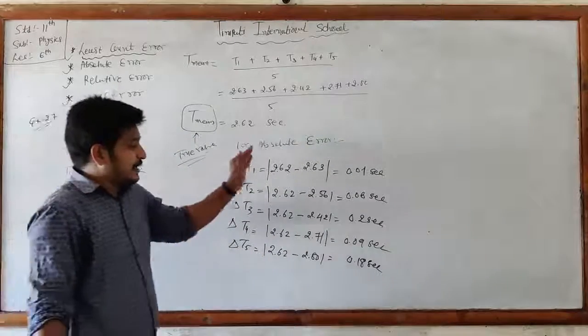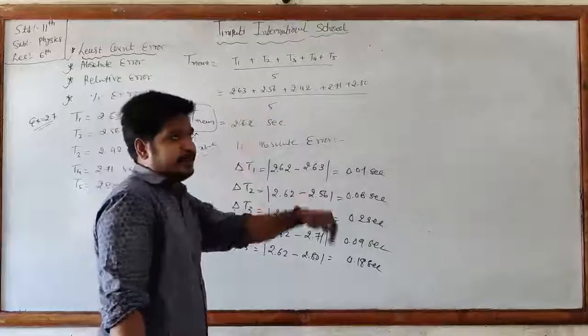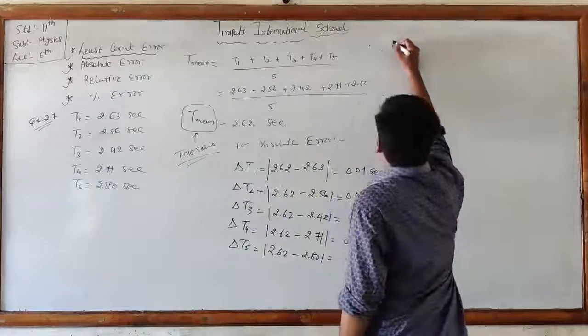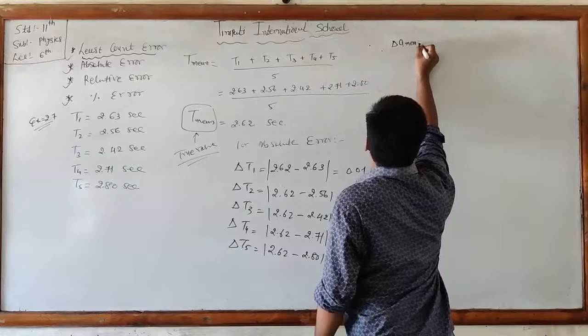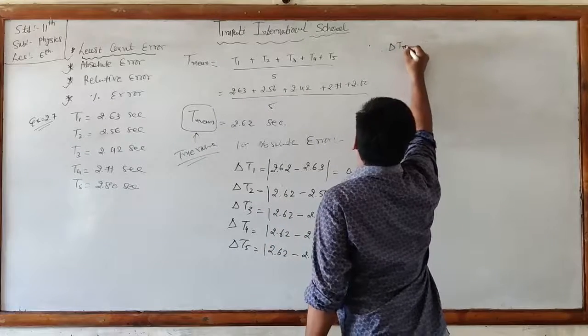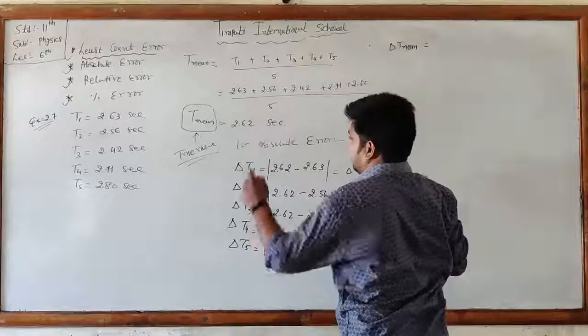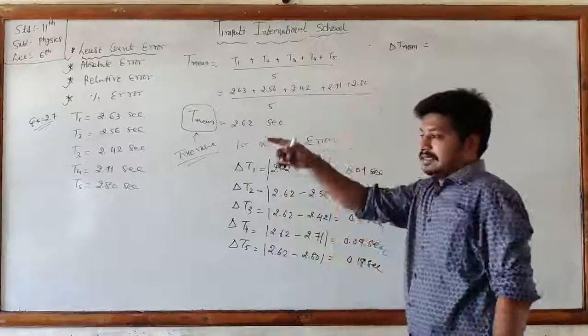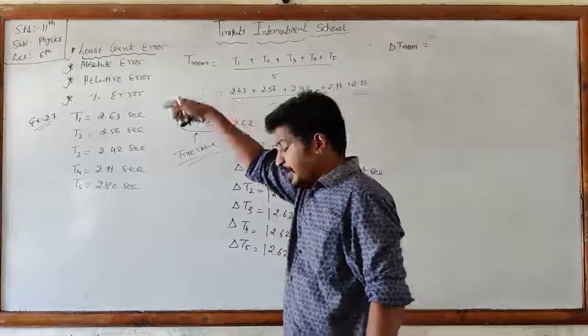Next step, we have to find the mean of the absolute error. So delta T mean. Here we are using capital T, the symbol of periodic time.